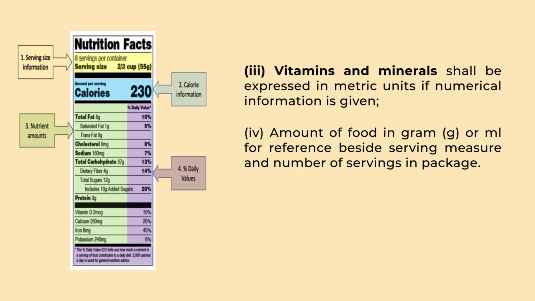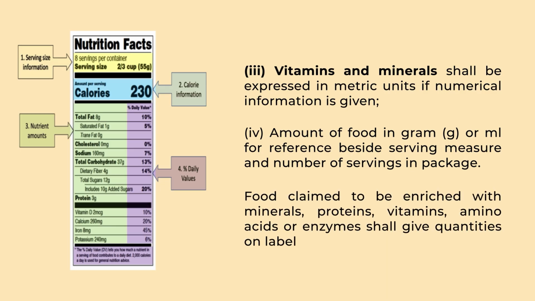And amount of food in gram or ml for reference besides serving measures and number of servings in package should be there. If food claims to be enriched with minerals or proteins or vitamins or amino acids or enzymes, then that quantity of that nutrient is also to be mentioned on the nutritional information on the label.